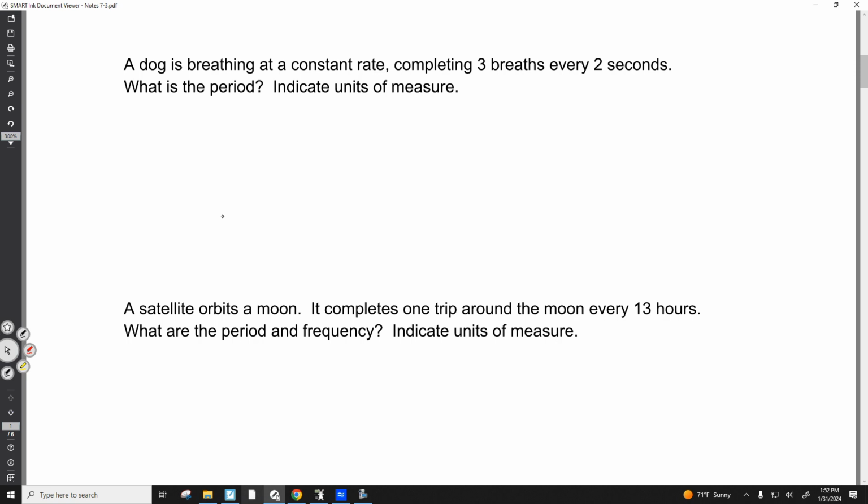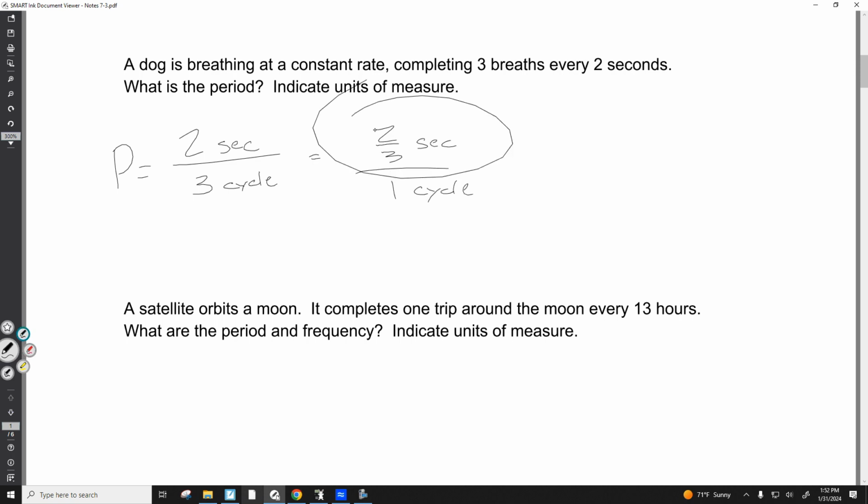It takes 2 seconds to complete 3 cycles of breath, which means 2/3 of a second to complete 1 cycle. That's your period.